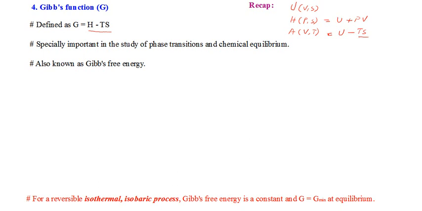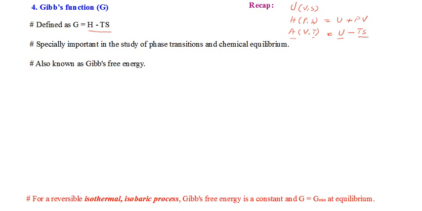So A is obtained from U, or Helmholtz free energy A is the Legendre transform of U using the variables V and S. V and S were interchanged here. So you can see T remains the same here.